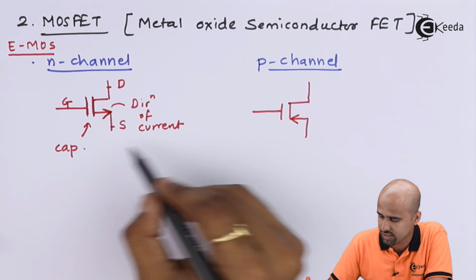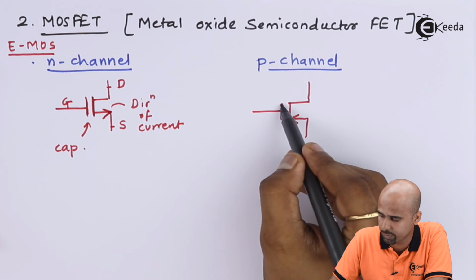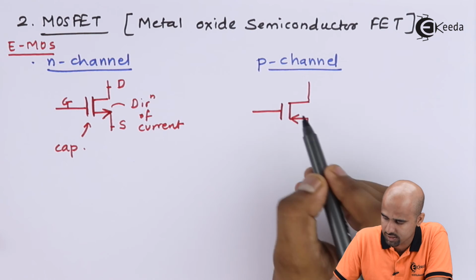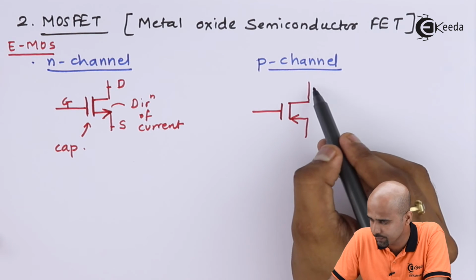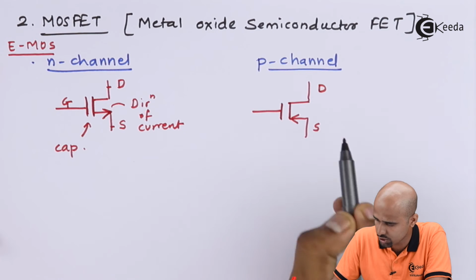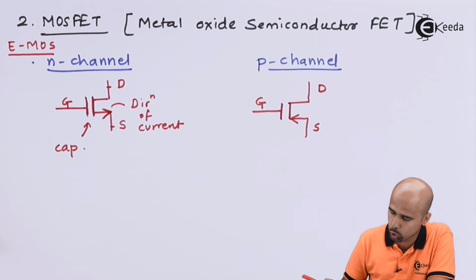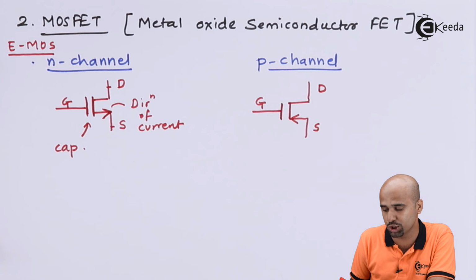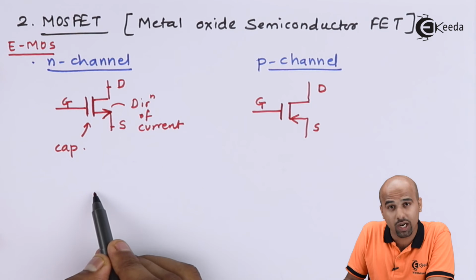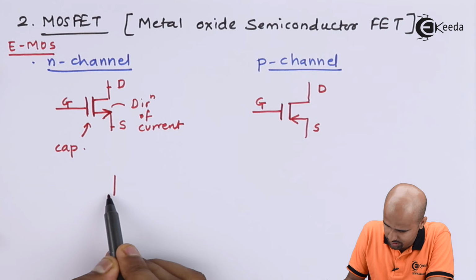And again, capacitor is represented by these two parallel plates in between channel and gate. This is drain, this is source, this is gate, same story. Again, we will go for the next symbolic representation of E MOSFET only. In some analog circuits, we use this representation.